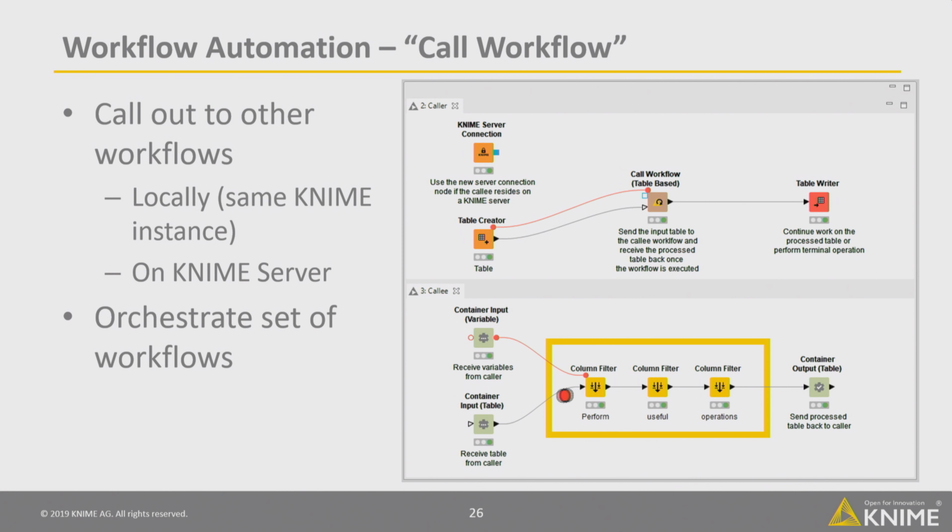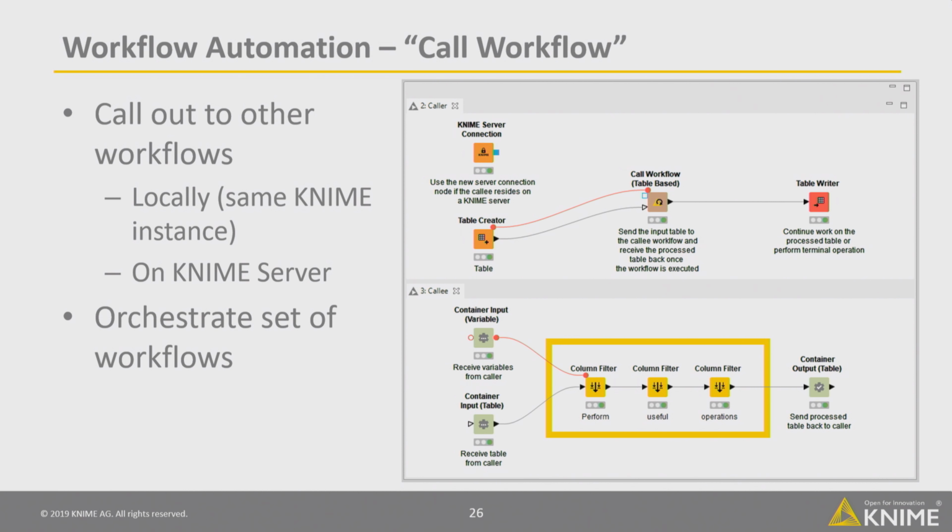So these greenish nodes define sort of the input API of your workflow, and the one here on the right-hand side is your output. And these workflows can then be deployed on the KNIME server, but I'm not going to talk about KNIME server here. But you can also use them in other workflows. So you can build a whole set of workflows that call out to each other.